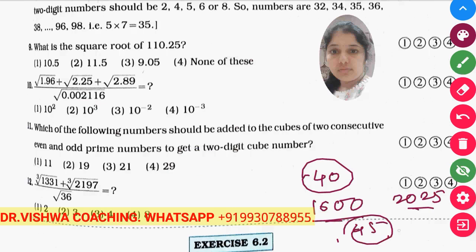Again it is in between 45 to 50, and 6 at the unit place. So it is the square root of 46. Okay, so 1, 2, 3, 4, 5, 6, that gives 0.046.